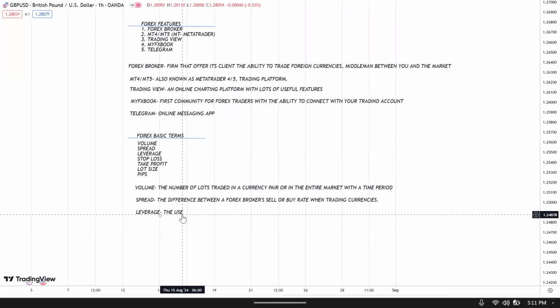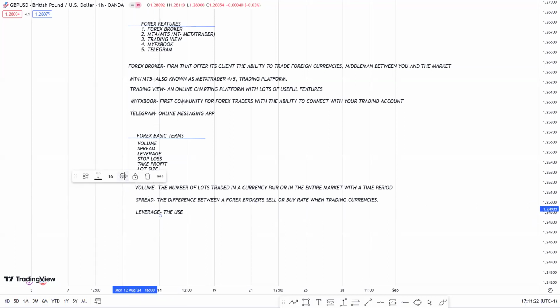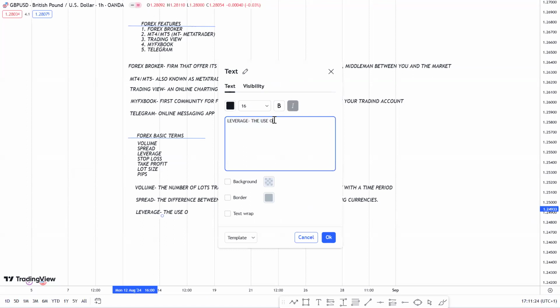So back to it. Leverage is the use of borrowed funds to increase one's trading position. Meaning that most of these forex brokers give us leverage on our accounts. They lend us some funds so that we can place a certain position size in the market.